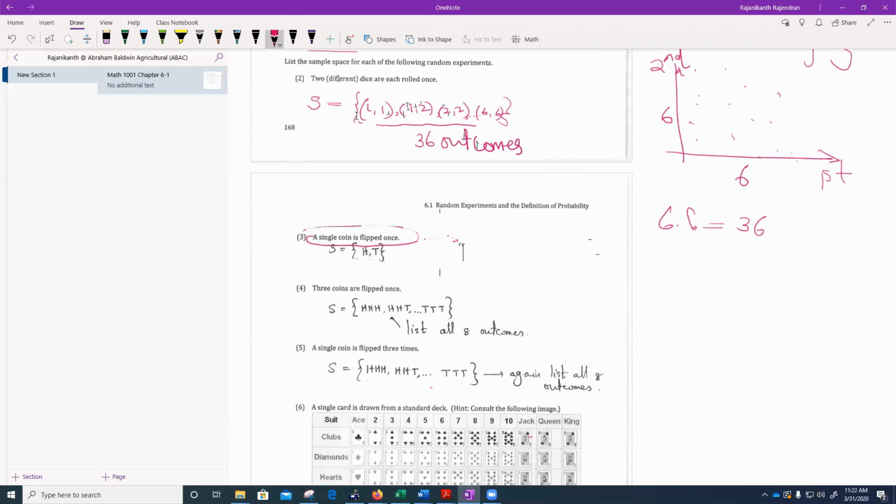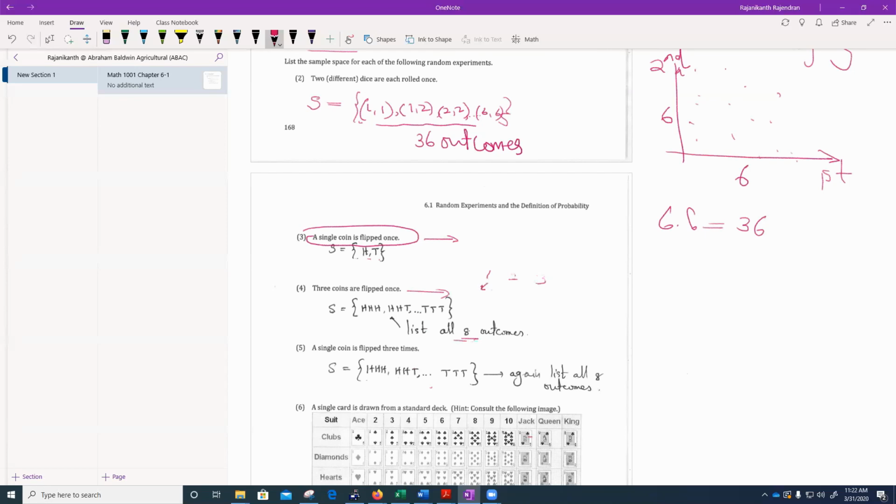Now we have 3 coins, but we are flipping one by one, only once each coin. Therefore, how many total outcomes? Here you will have now 8 outcomes. Why is it? Remember counting principles we learned in chapter 5. You have now 3 coins, right? Coin number 1, coin number 2, and coin number 3. You are flipping first coin.